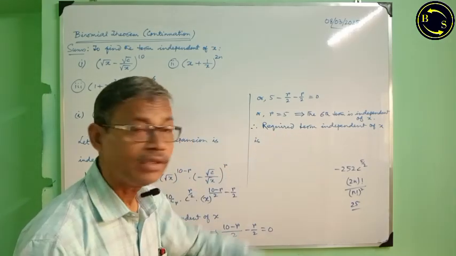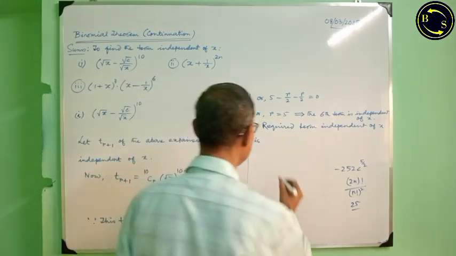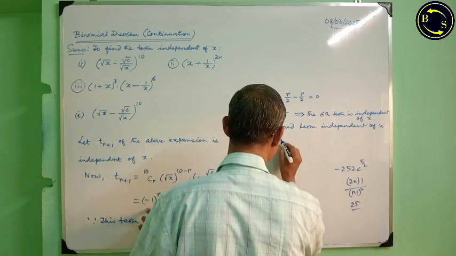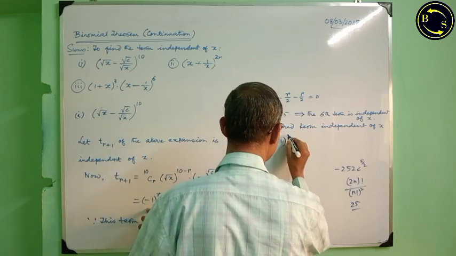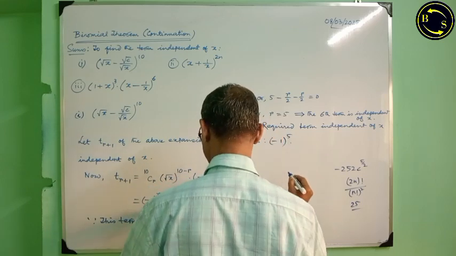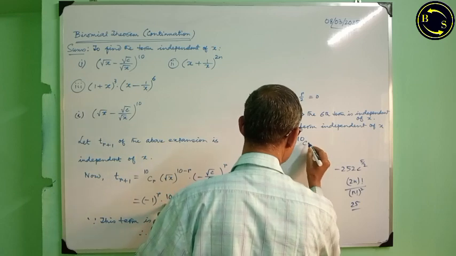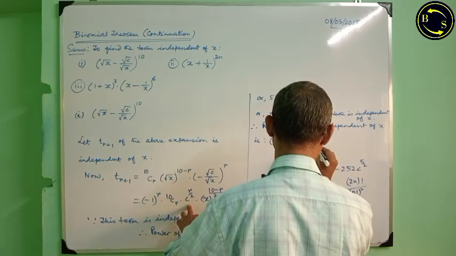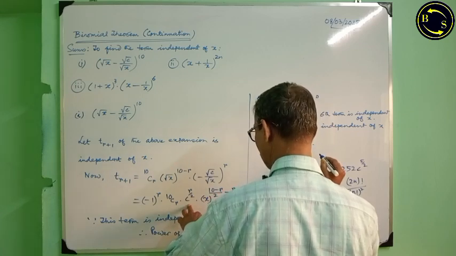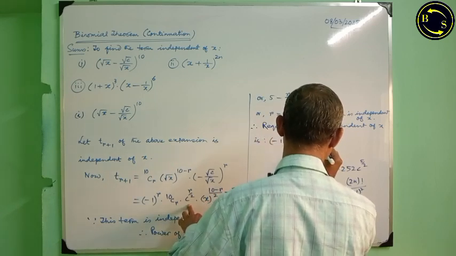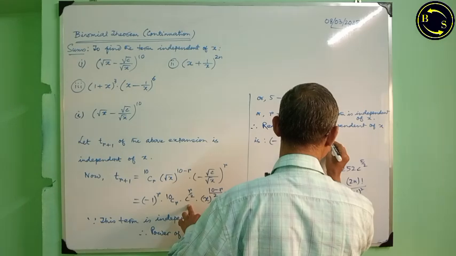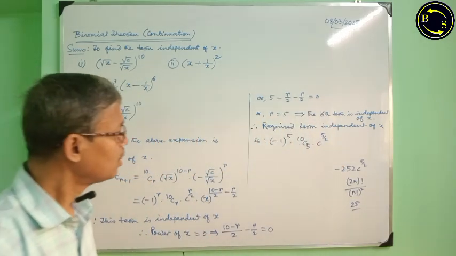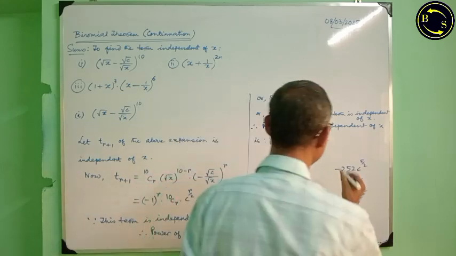After that we find the term independent of x is minus 1 whole to the power 5 into 10C5 into c to the power 5 by 2. Minus 1 whole to the power 5 means minus 1.